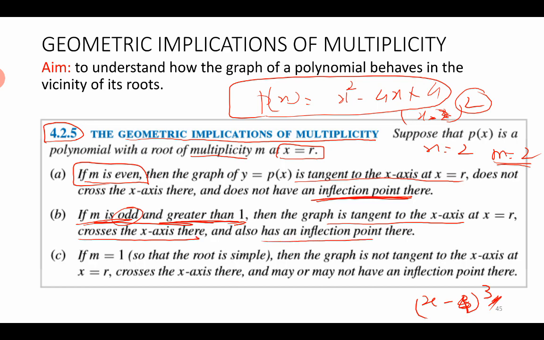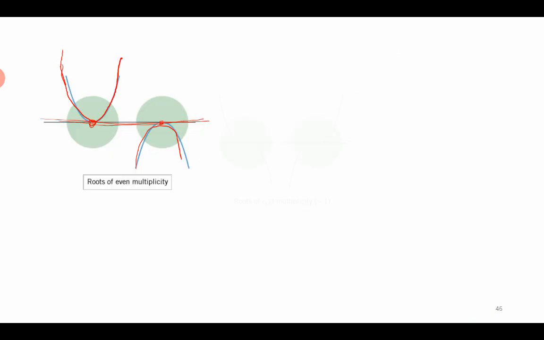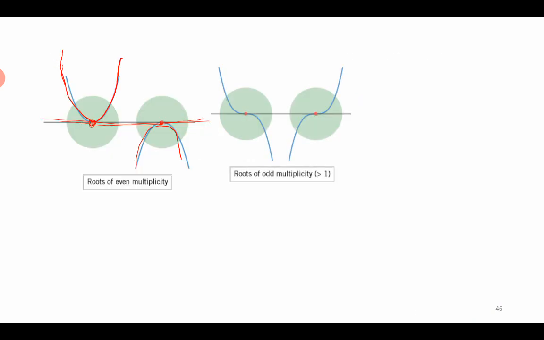There is also a chance of an inflection point at that point. See, this is the graph for that one. At this point there is a horizontal tangent line, and concave up changes to concave down. So there is an inflection point. Similarly, either this or this, it should be crossing the x-axis from one side to the other.